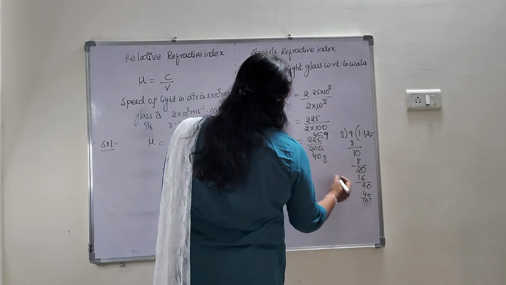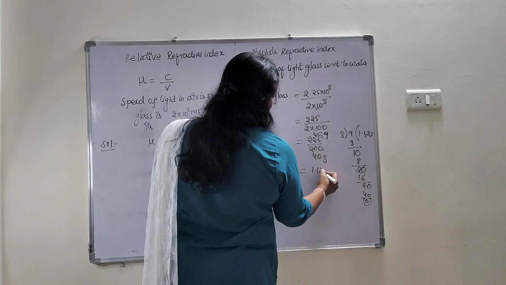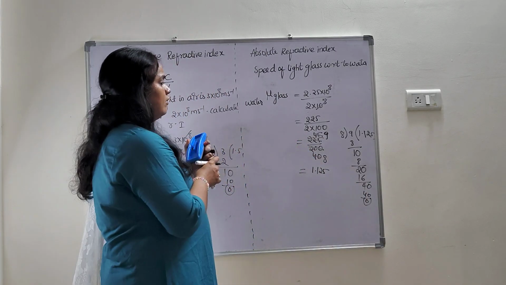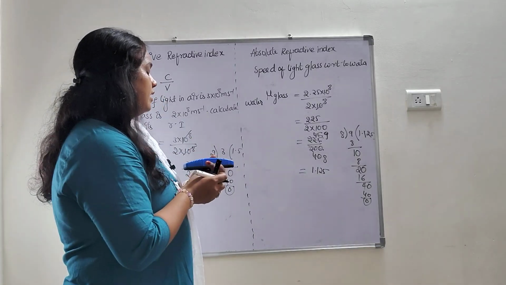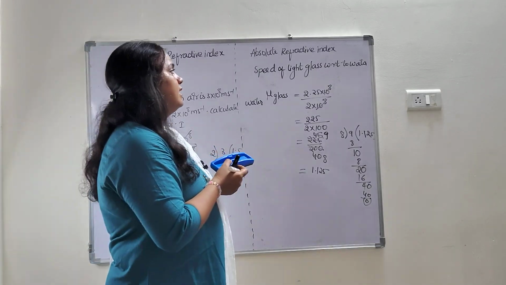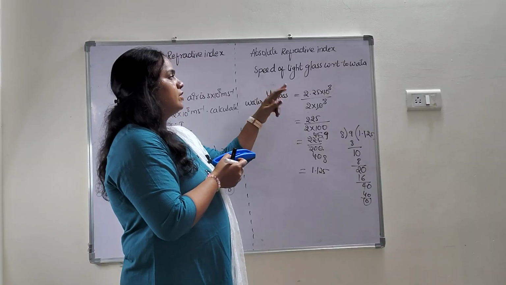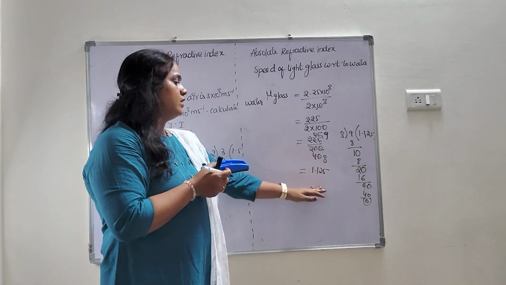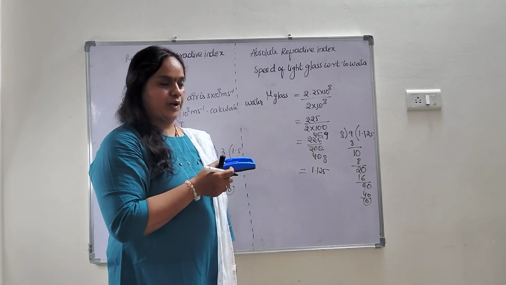So what is the value here? How much did I get? 1.125. The refractive index of glass with respect to water is 1.125.